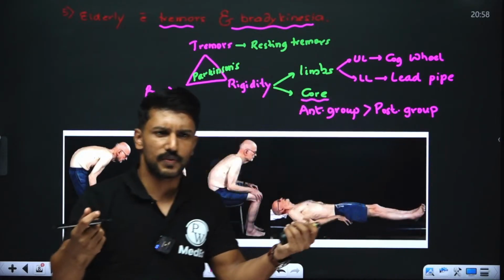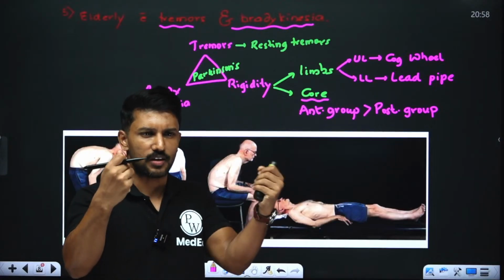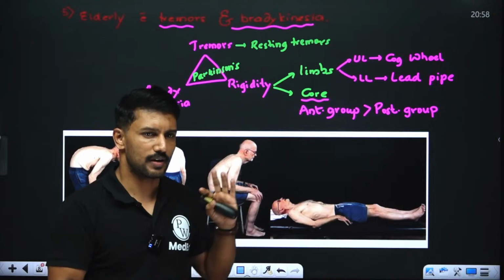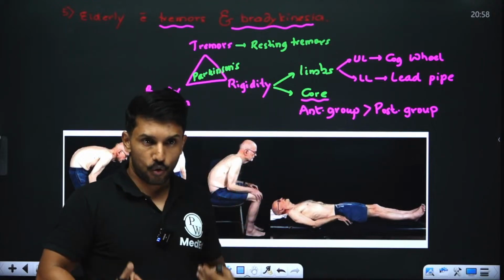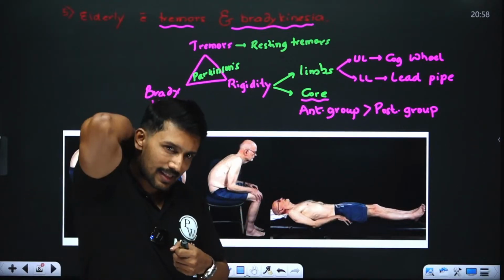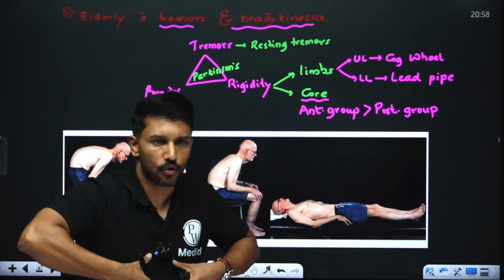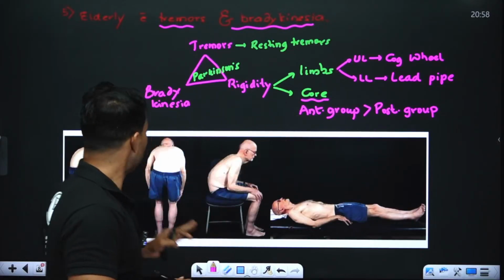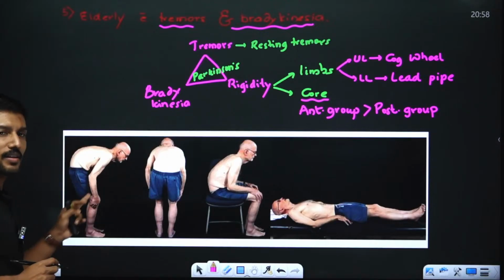Limbs we have discussed. Upper limb we have this jerky rigidity called cogwheel. Lower limb just rigidity, no tremor, we call it lead pipe. But the core front muscles are more contracted than the back muscles. So when front muscles are more contracted, I tend to bend forward, right? So this results in a stooped posture like you see in this picture.